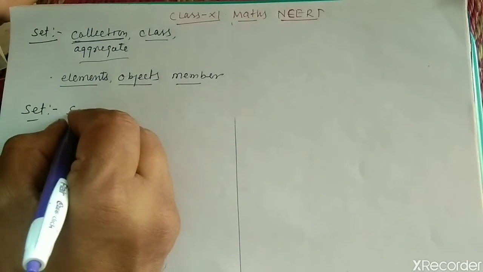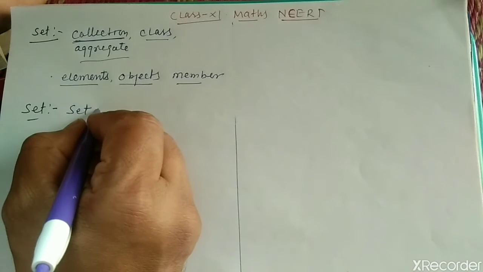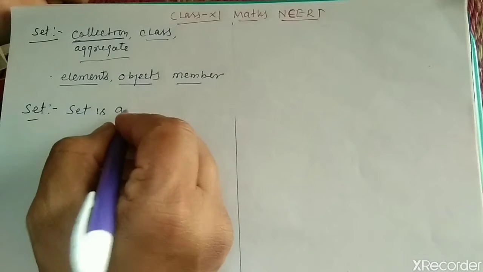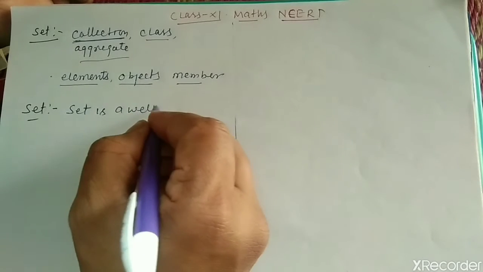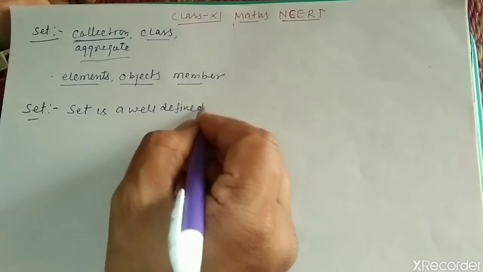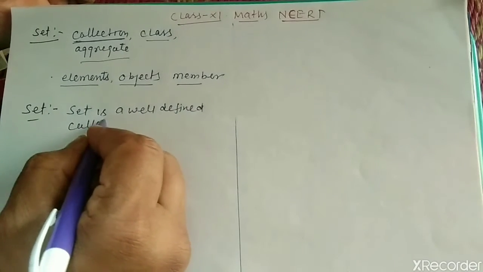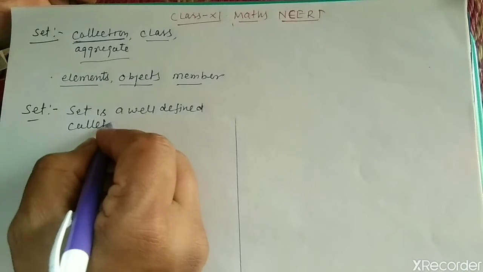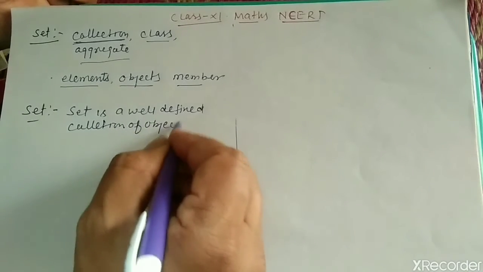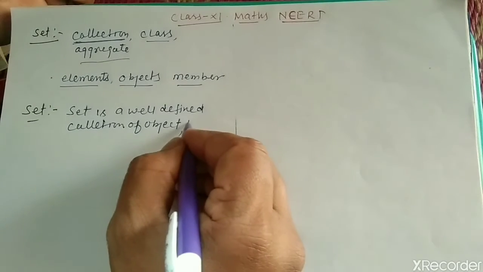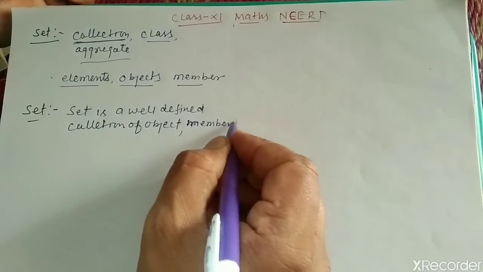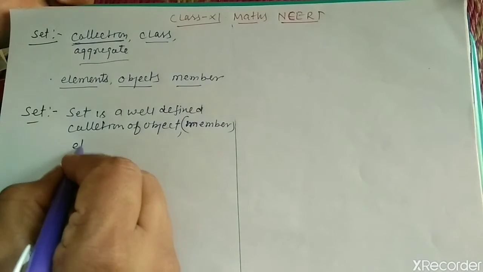Set is a well defined collection of object, members or elements.